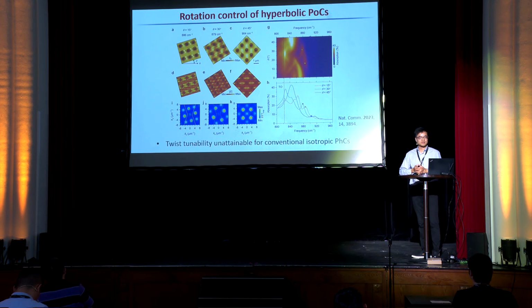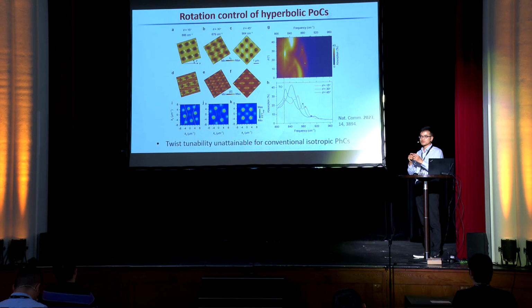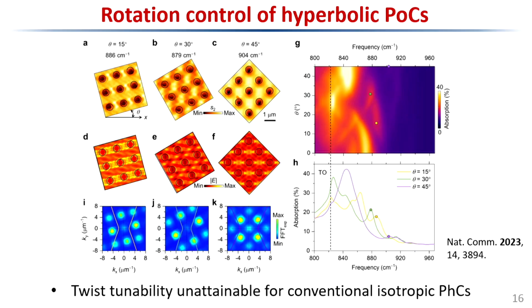And yes, twist is always a merit of this in-plane anisotropic crystal, so we can fabricate photonic crystals with different orientations with respect to the crystal directions. Then we can have such a rotated mode distribution within this material.